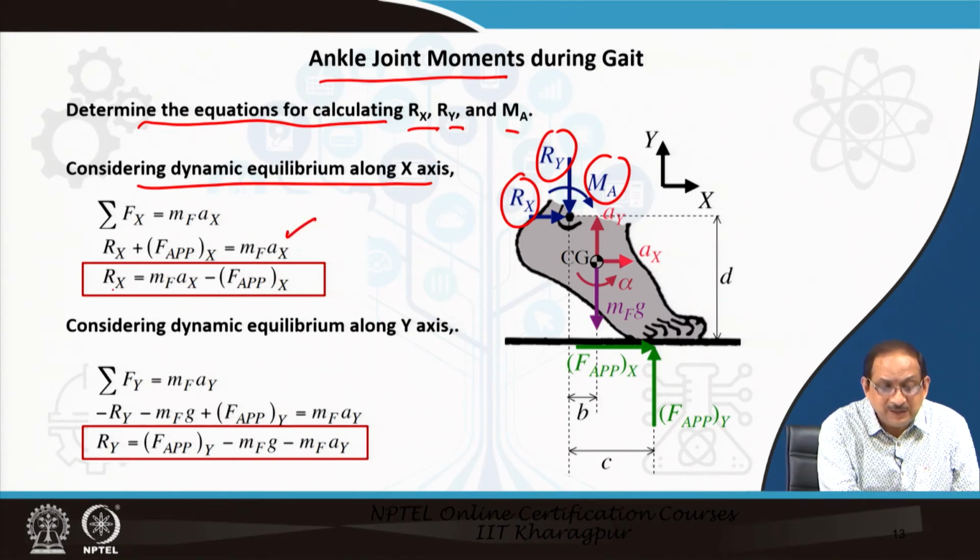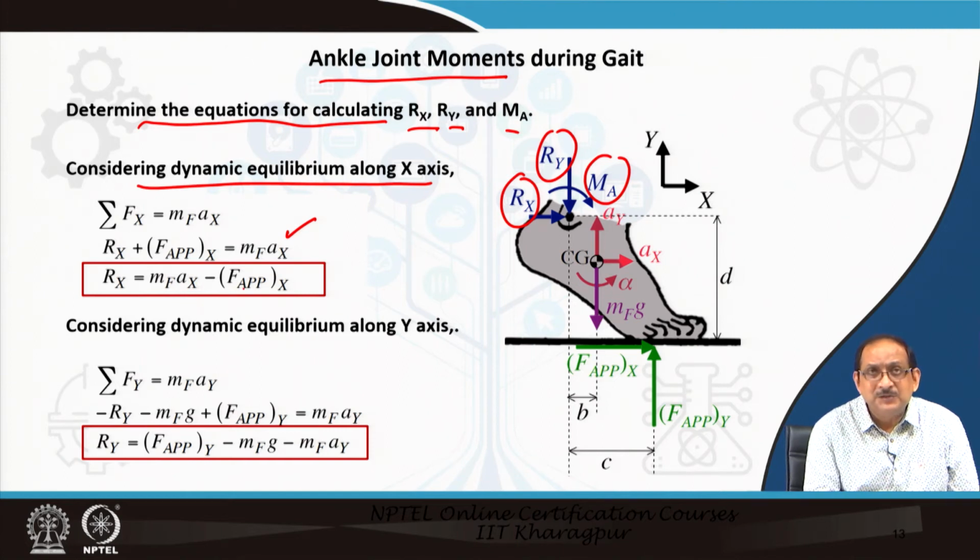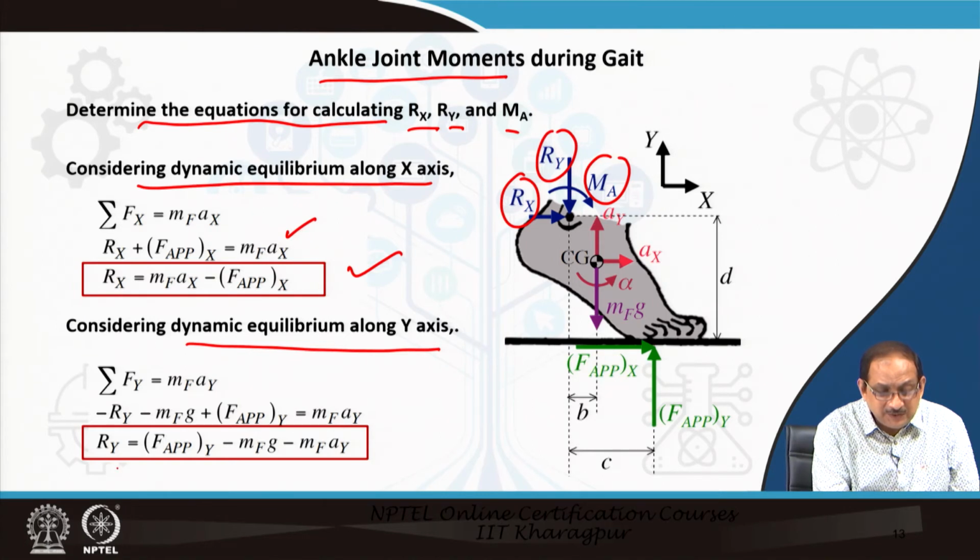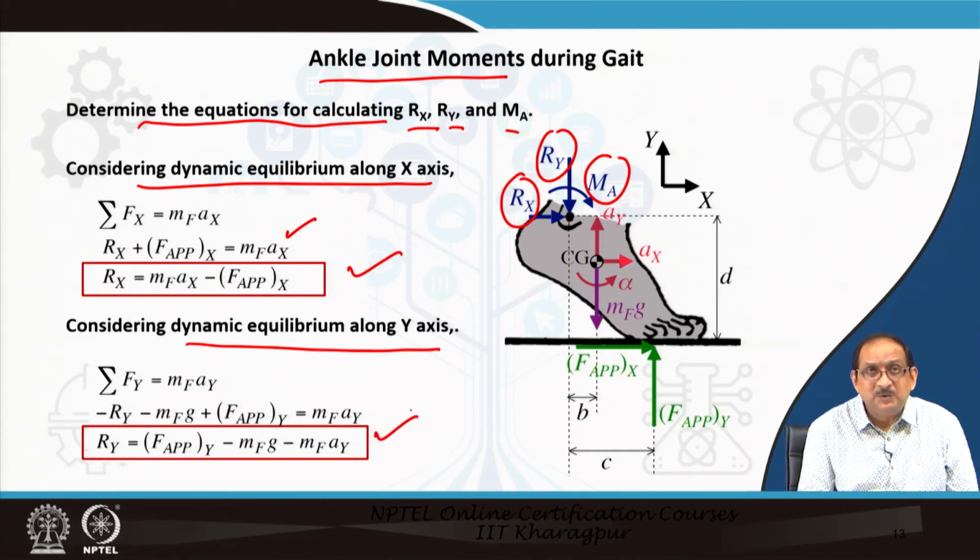So, we can write down Rx is equal to mf into Ax, that is the acceleration along the x axis, minus the measured ground reaction force component along the x axis. Similarly, considering the dynamic equilibrium along the y axis, we can determine the expression for the joint reaction force along the y axis.